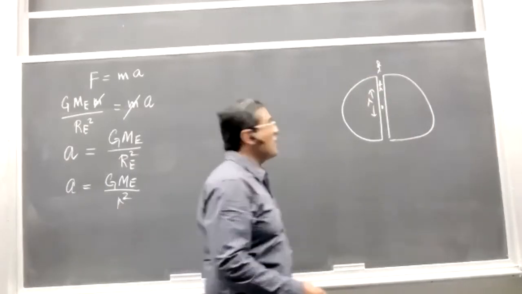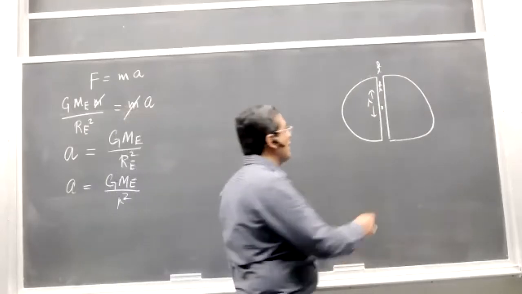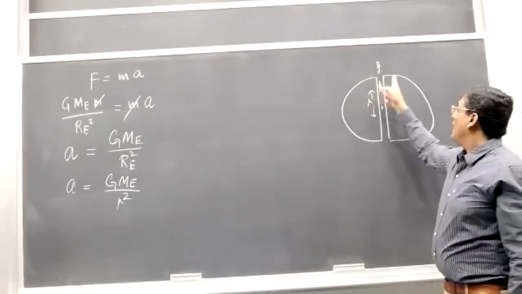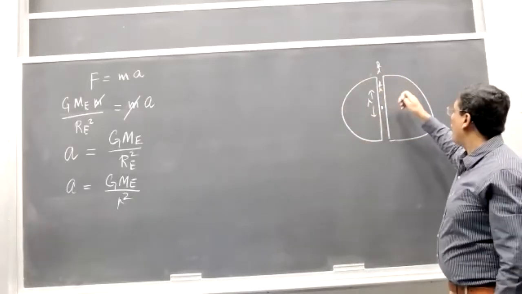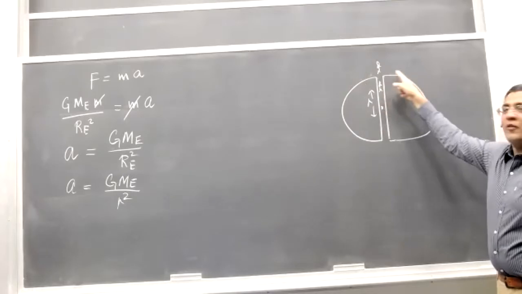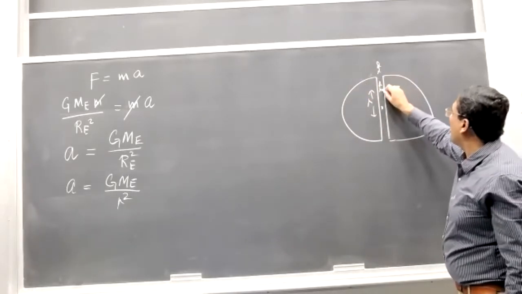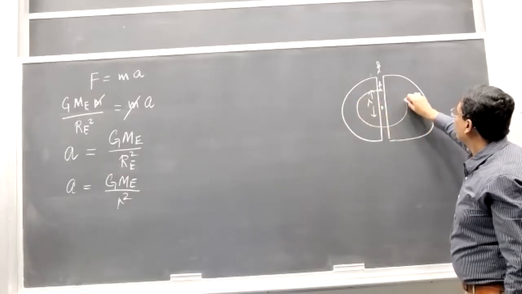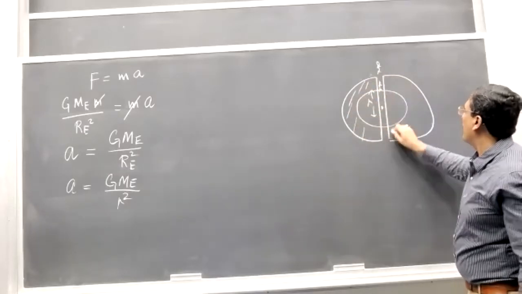Yes, so this is very important: the relationship is true, but you have to change the effective mass. When you're at the surface of Earth, the effective mass of the Earth that is providing the gravity, as if all the mass was concentrated at the center of mass and acting on you, was the total mass of Earth. But if you have moved a certain distance inside, now only this part of the mass matters, because this mass has been left out.